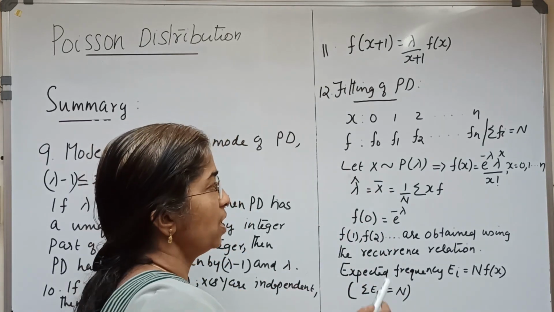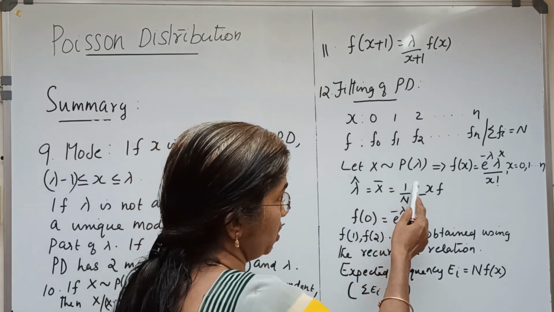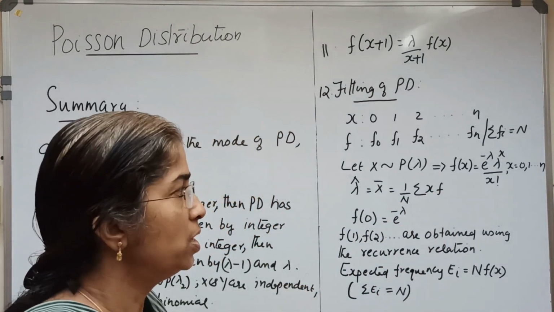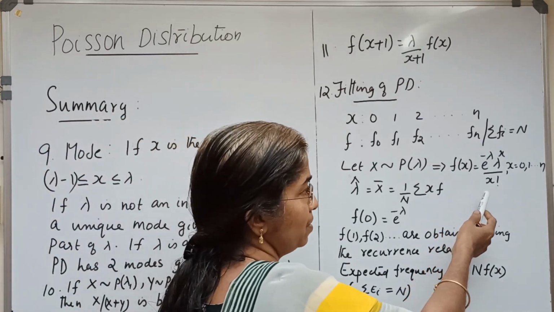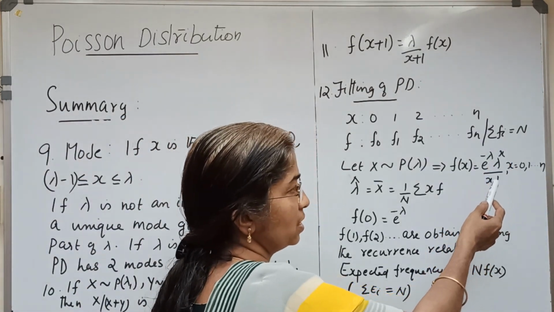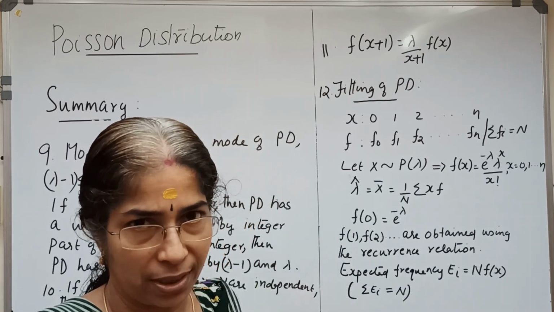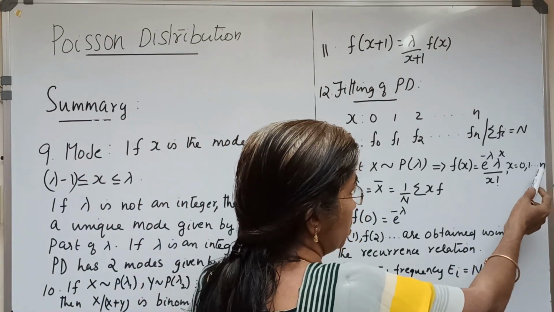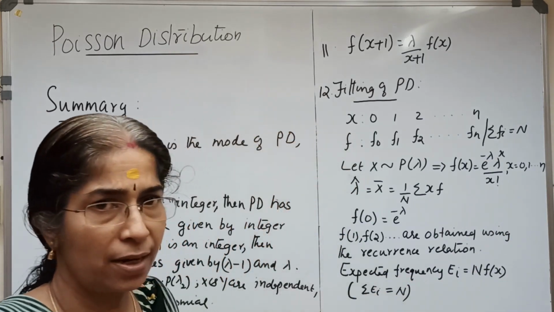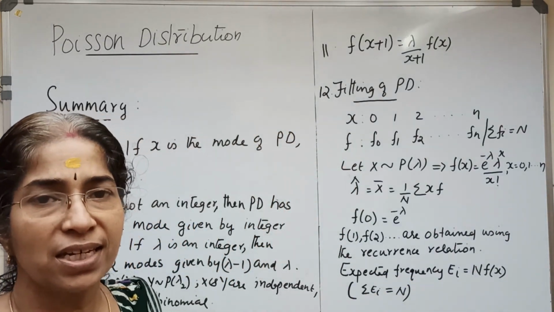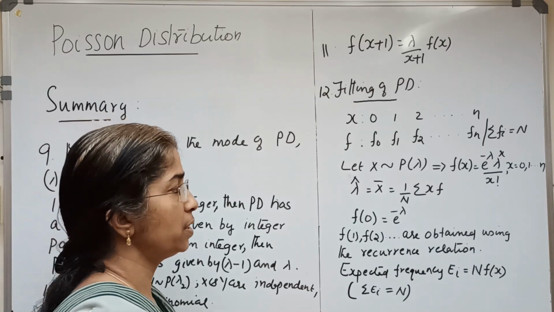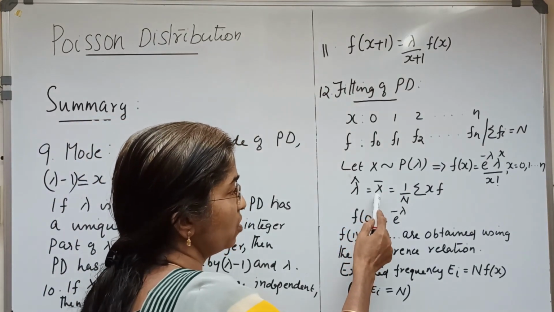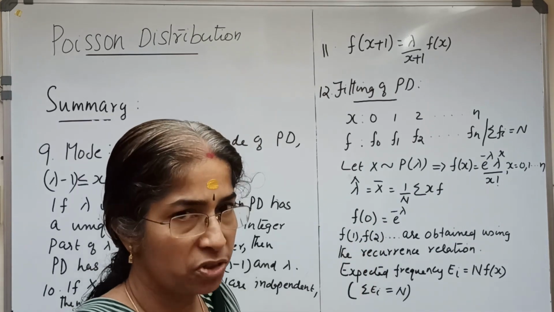So we assume X follows Poisson lambda, and hence f of x equal to e raised to minus lambda, lambda raised to x by x factorial, where x has values 0, 1, etc. to n. The parameter lambda is estimated by equating the mean of Poisson distribution with that of the given frequency distribution.